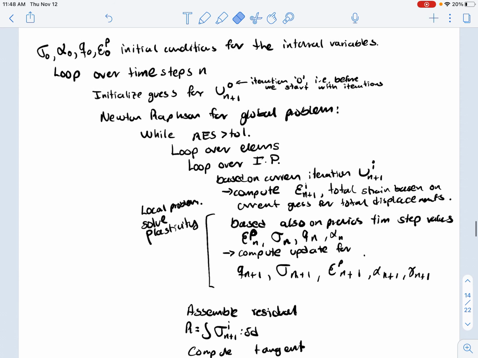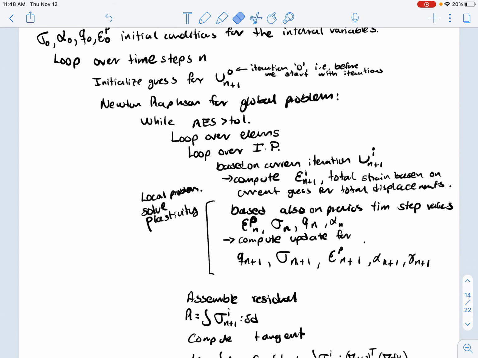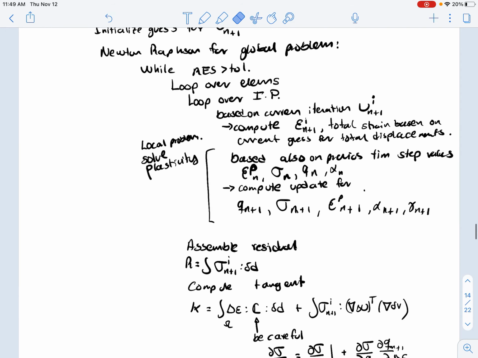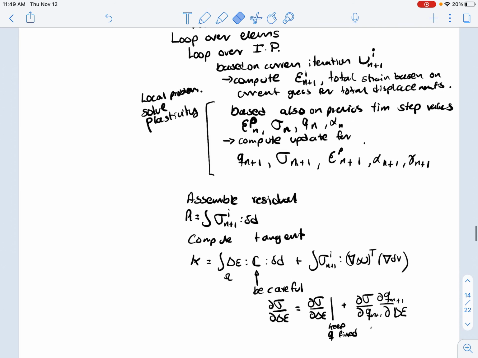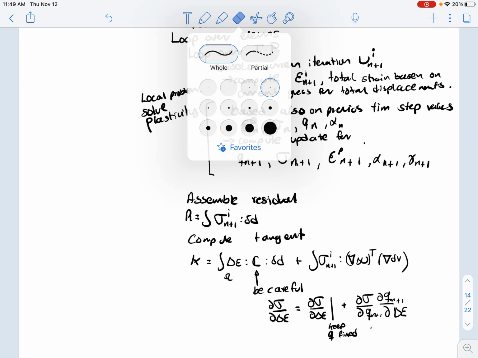And then once you do that, then you can assemble your residual with these stresses that you solved from this plasticity problem locally. And then you need to compute the tangent. And similarly to before, the tangent is, the geometric part is the same, and you have to be careful with the other part, the material part, because you have one part which is the same as before, which is you want to take the derivative when there's no plasticity.